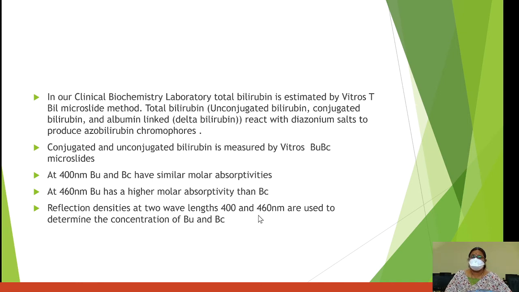Then when we measure at 460 nanometer, Bu has higher molar absorptivity. So molar absorptivity at 460 nanometer indicates predominantly the concentration of unconjugated bilirubin. So from the molar absorptivity at 400 minus molar absorptivity at 460, we will get the molar absorptivity of conjugated bilirubin. That is how in our lab the unconjugated and conjugated bilirubin is measured.